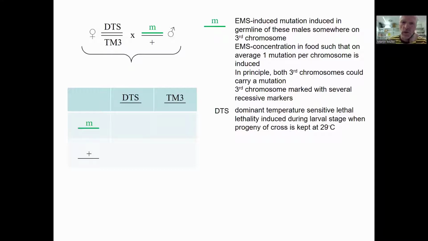So the Punnett square is simple. The female produces 2 types of eggs, the male 2 types of sperm. And the diploids look like this here. And since the cross was kept at 29 degrees, you already reduce the progeny by 50%. You do not get these genotypes here in the progeny, but you get these 2.